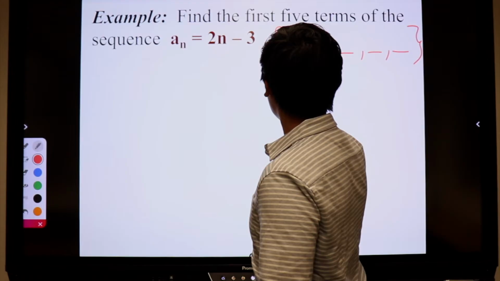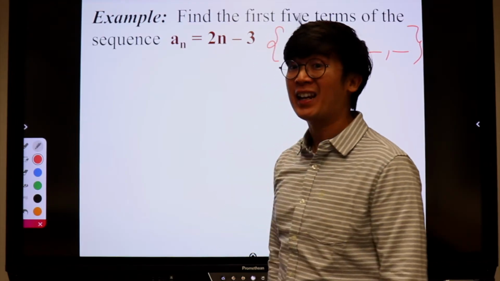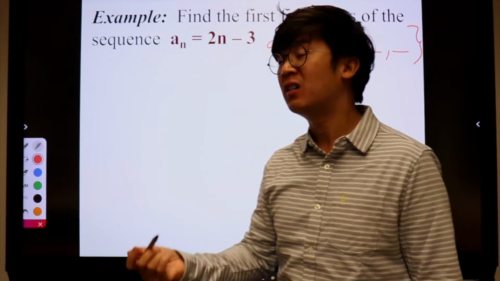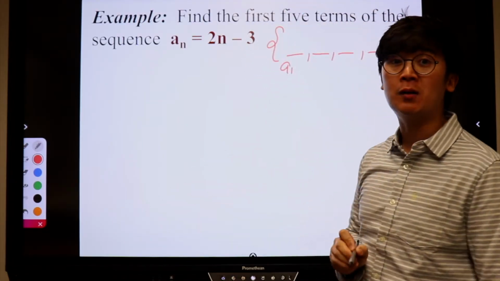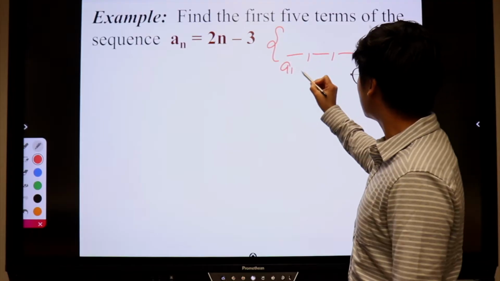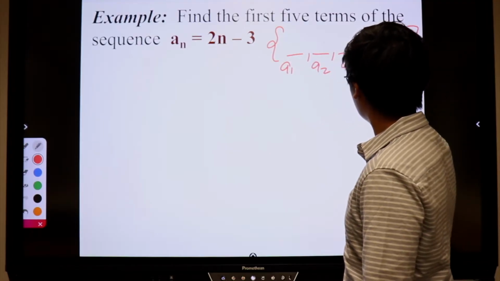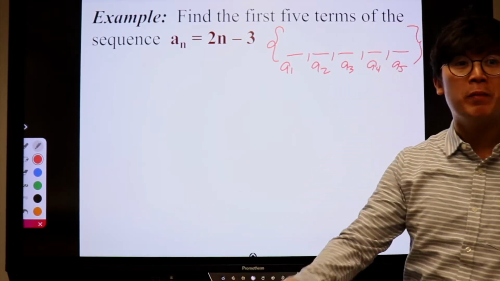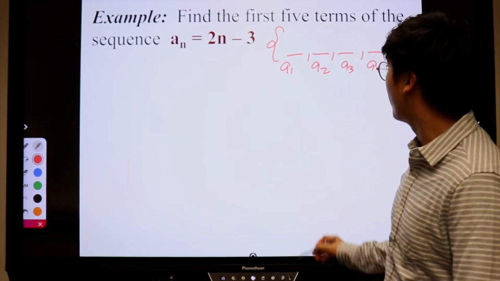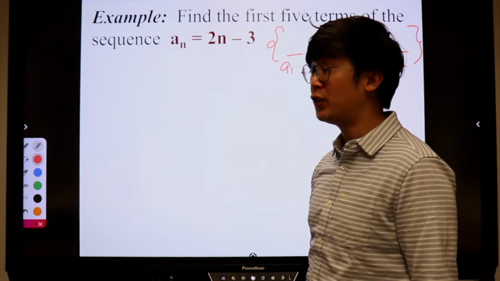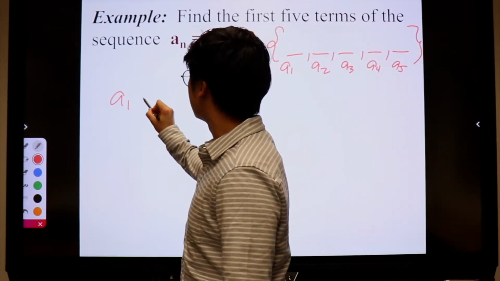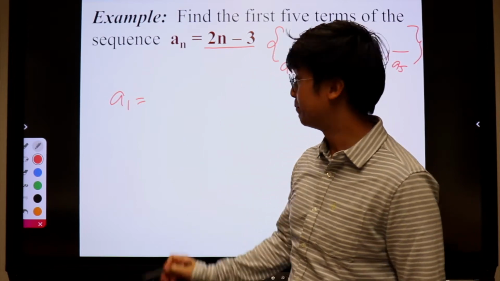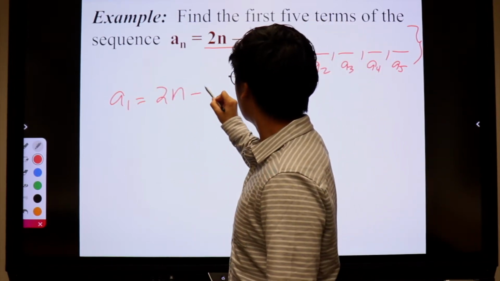So, if I'm going to be producing the first term, in mathematics it's all about codes, it's all about formula, and we're naming each of the terms with a code. And the code is a sub 1, a sub 2, a sub 3, a sub 4, a sub 5. Just to make sure that you know what we're looking for. If we're going to find the first term, we're going to use this formula, which is 2n minus 3.